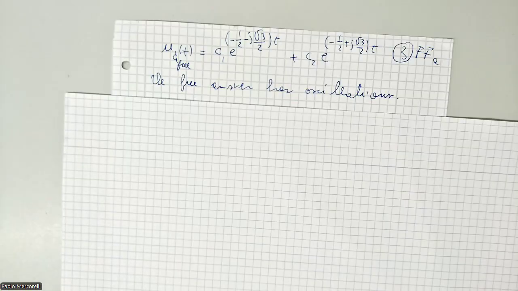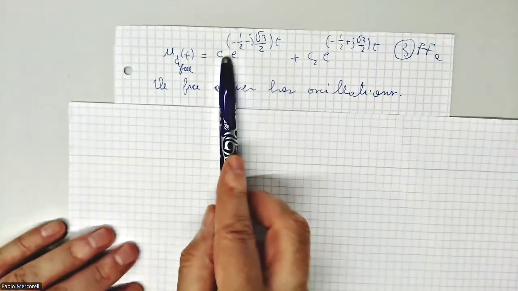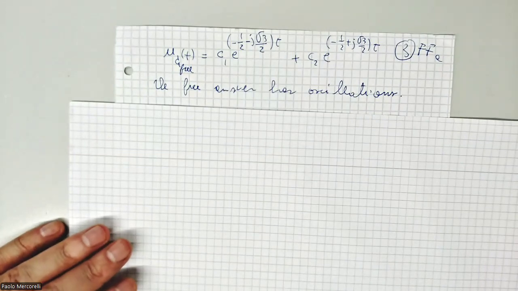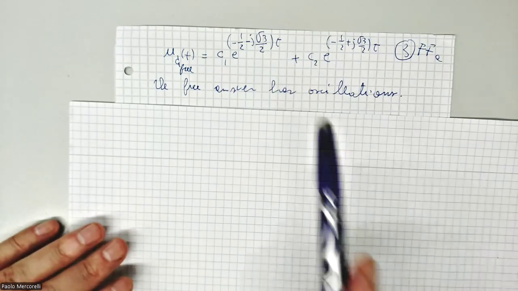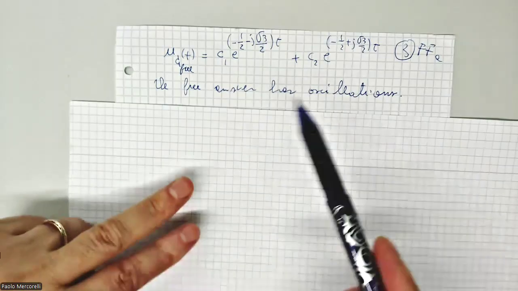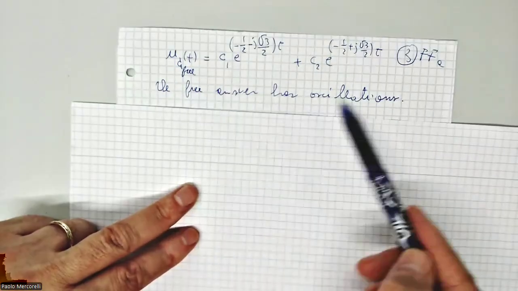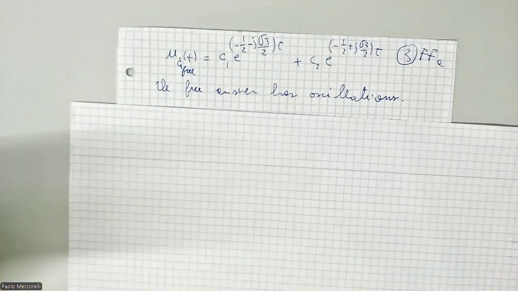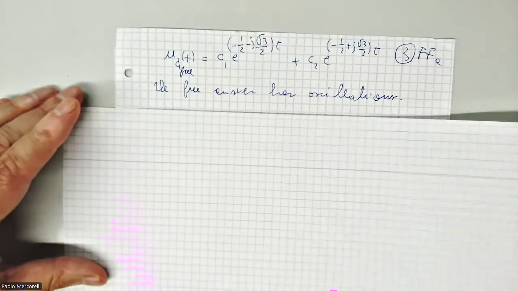Both are solutions. The system is linear. This means the general combination C1 and C2, which multiply the exponential functions which reflect the solution, is again a solution, but the general one, because of course I can consider one, or I can consider the other separately, but in general I can consider both together, which include all possible solutions.